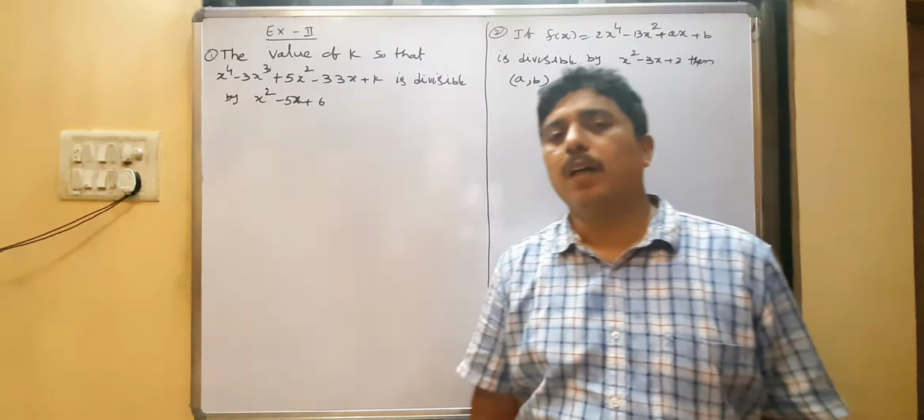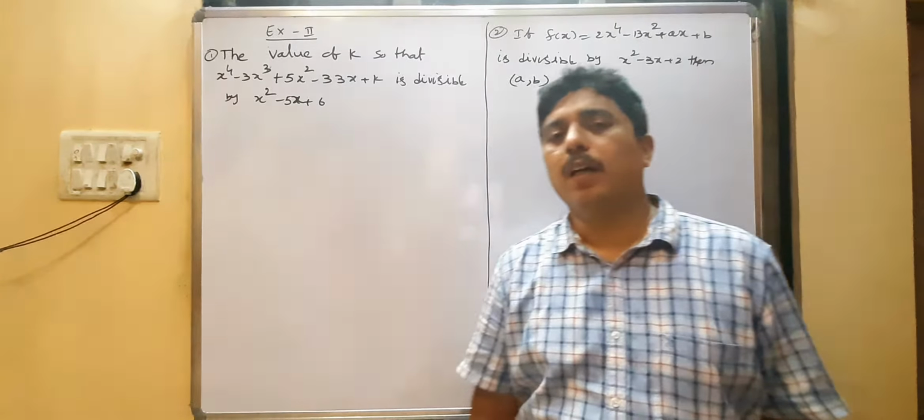X equal to 2 is a factor of the given polynomial x power 4 minus 3x cube plus 5x square minus 33x plus k. Substitute x equal to 2 in that. 2 power 4 is 16, minus 3 into 2 cube, 5 into 2 square, minus 33 into 2, plus k equal to 0.